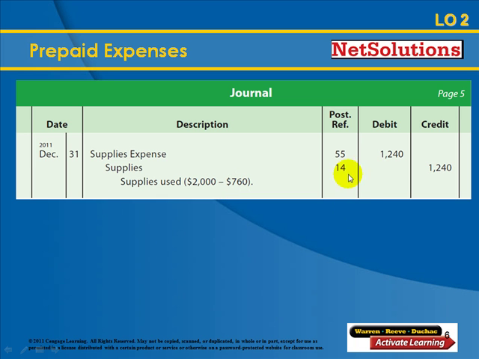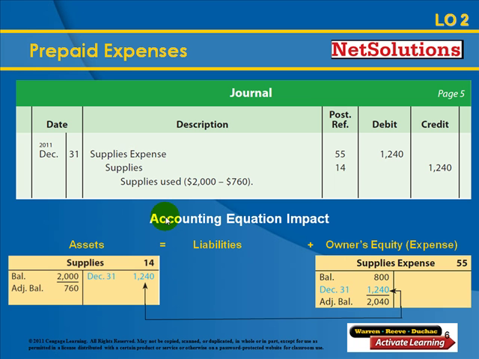I want to make a note here that the post reference in the journal is the account numbers associated with these accounts. Now, how did this have an impact on the accounting equation? Well, we decreased an asset and we increased an expense.